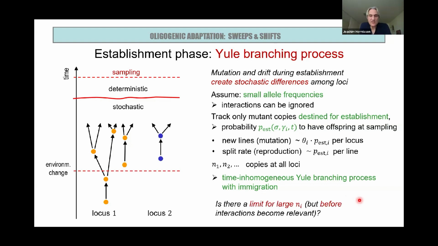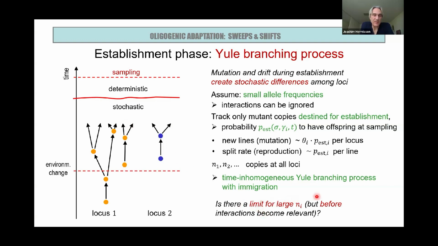And now the question is, for the stochastic part of our theory, is there a limit that is reached here while allele frequencies are still low in this establishment phase, before the interactions become relevant?